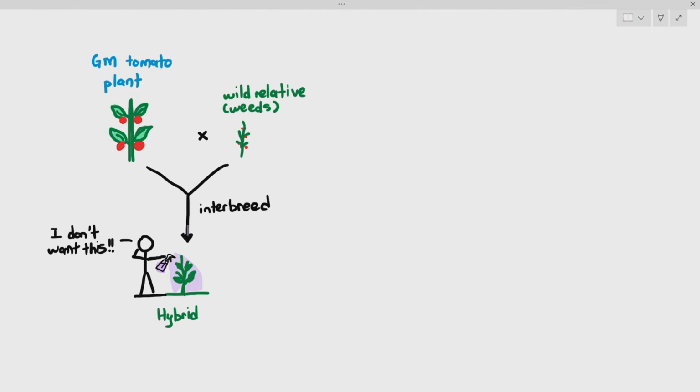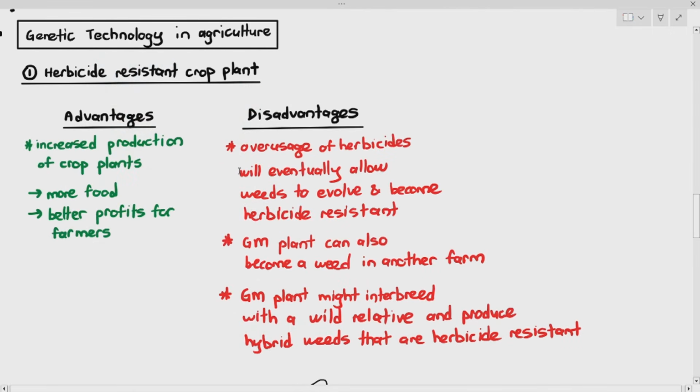And if it receives the herbicide resistant allele, this hybrid, which the farmer doesn't want, cannot be killed using herbicides. That's an issue. So you have a weed plant here that is produced accidentally through interbreeding, and the plant cannot be killed using herbicides at all. So the genetically modified plant might interbreed with a wild relative and produce hybrid weeds which are herbicide resistant.